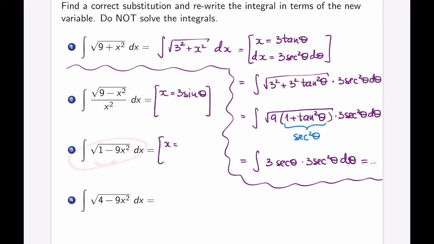What about this time? Well, here there are two ways of thinking about this. I can either consider this to be the square root of 1 minus 3x all squared, or I can also think of this as first factoring out the 9 and ending up with 1/9 minus x squared.